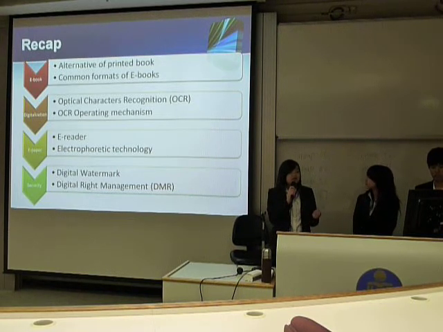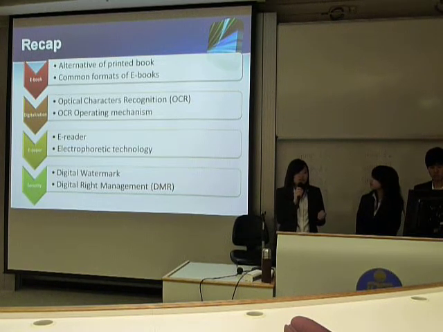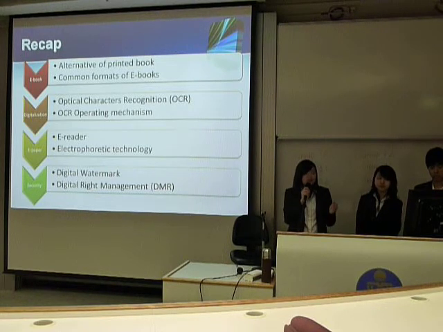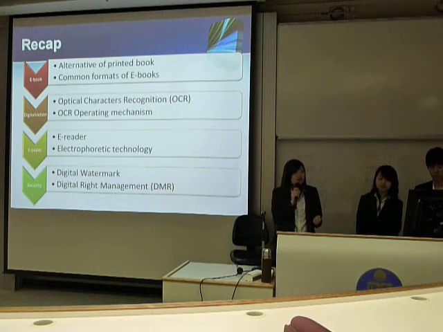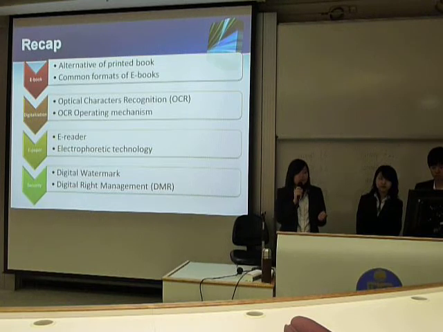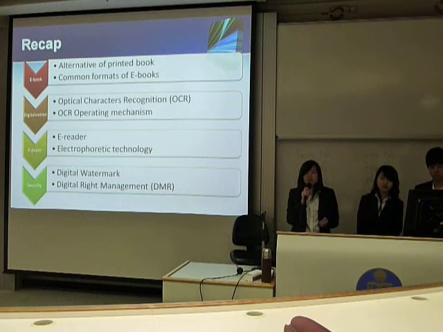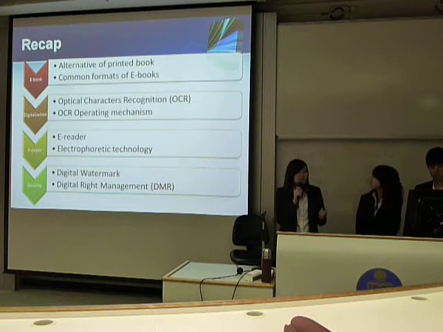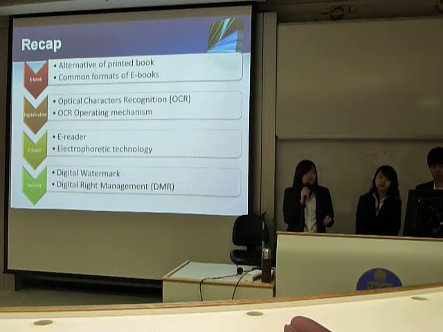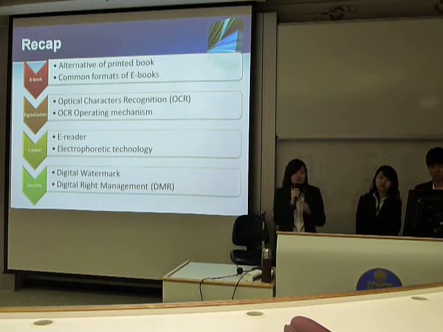To read the ebook, we need the e-reader. That means what we have talked about is e-paper, and it works with electrophoretic technology. And lastly, we have come across the security of ebooks, where digital watermark is used for the security part, and digital rights management is used in many technologies nowadays.